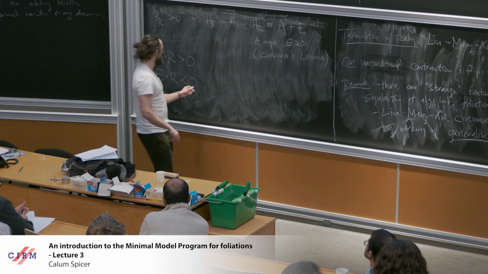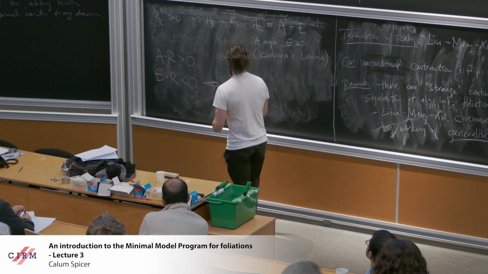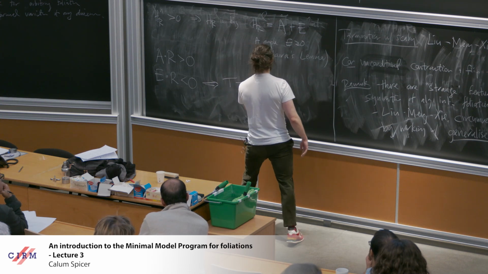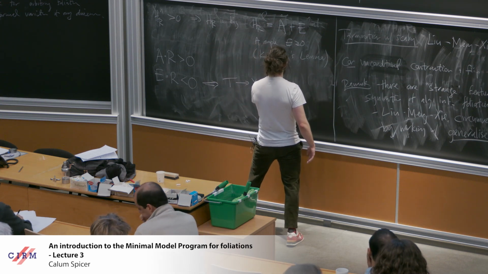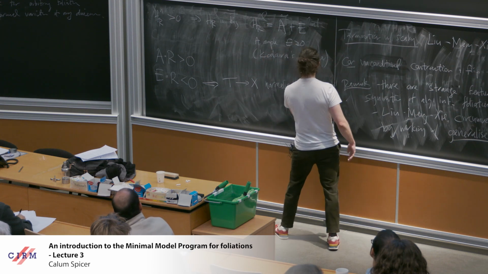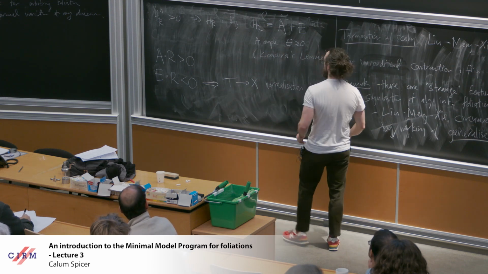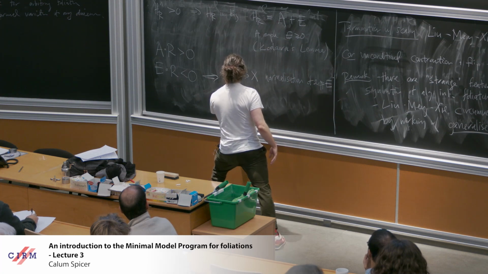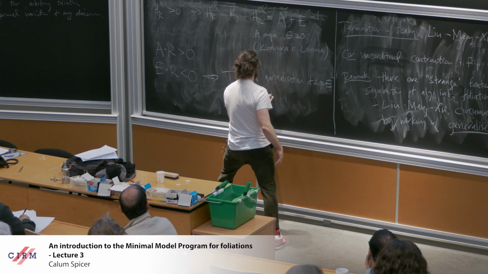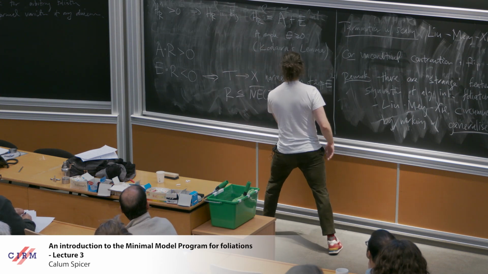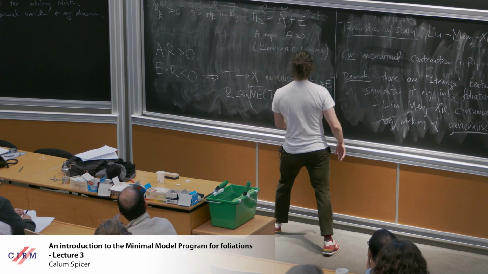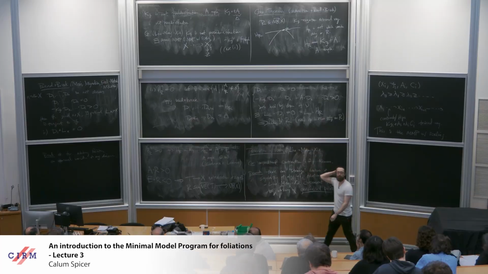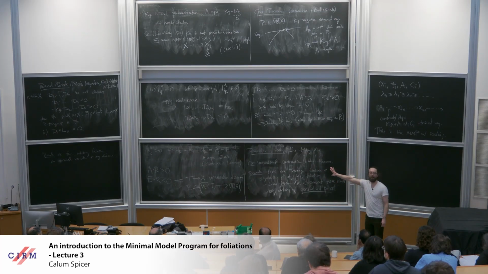In other words, this implies that if T to X is the normalization of the support of E, then R is contained inside the image of the natural map, the image of T-bar to X-bar. So in other words, R is coming from some lower dimensional subvariety.